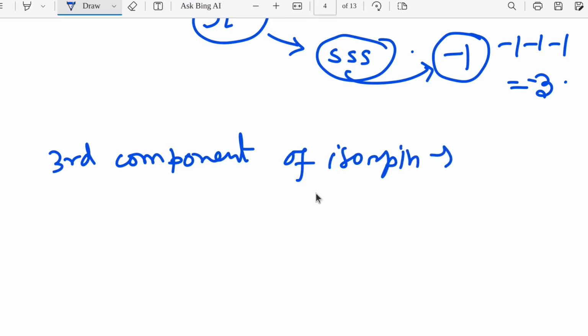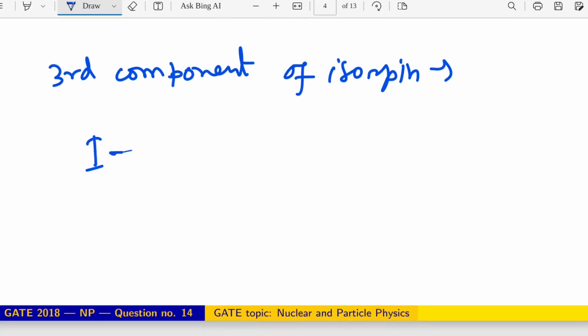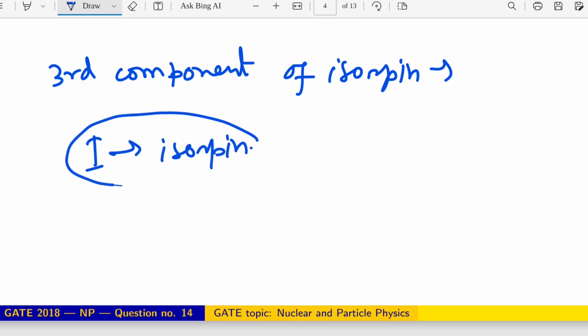The isospin is written as I. And why does I come in our nuclear and particle physics course? Because there are two particles, N and P, which had very similar properties.